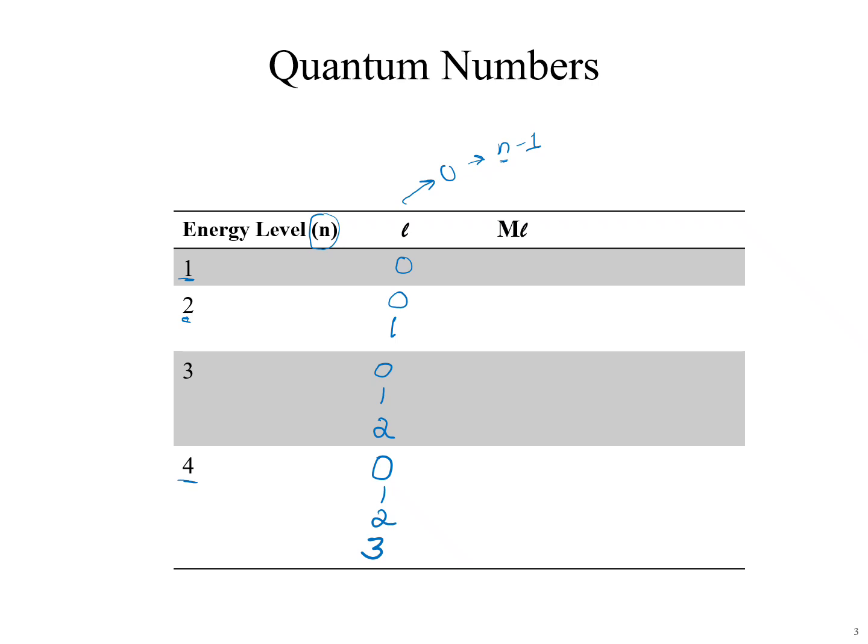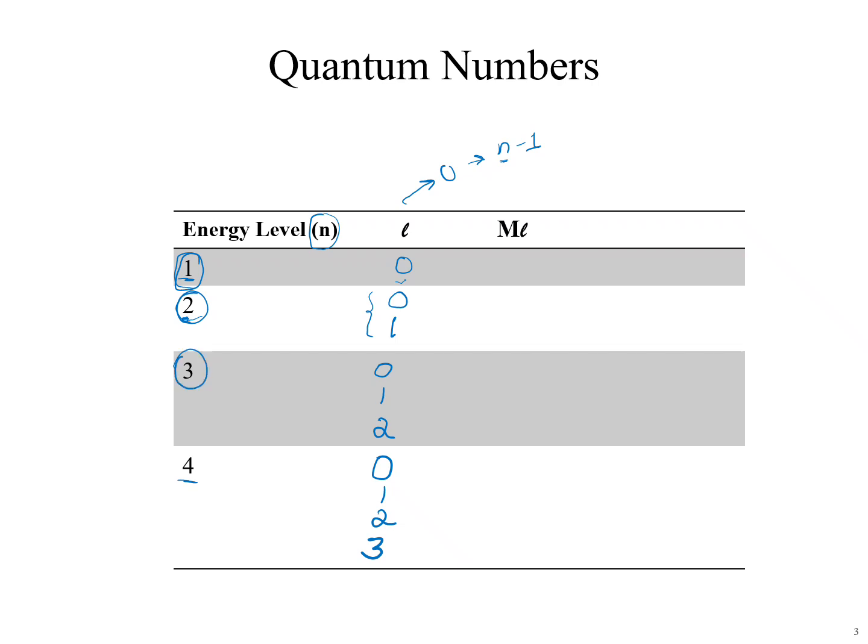Now, something you should notice here is that my numerical value of n is 1. That's my first energy level, and on the first energy level, I have just one possible value of l, which is 0. On my second energy level, n is 2, and I have two possible values of l.